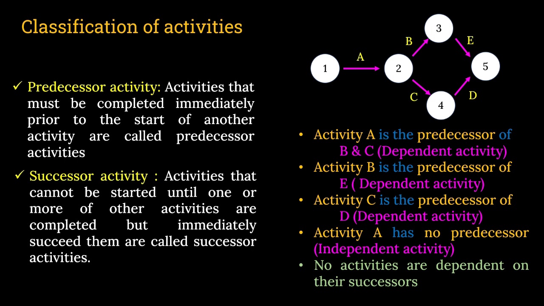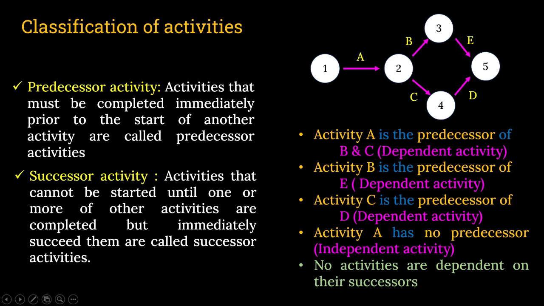Rather, the person who will be doing the primer on the wall is dependent on me, because I am preparing the surface. Unless and until the surface is ready, that person cannot start his work. Clear? So no activities are dependent on their successors. Is that clear?